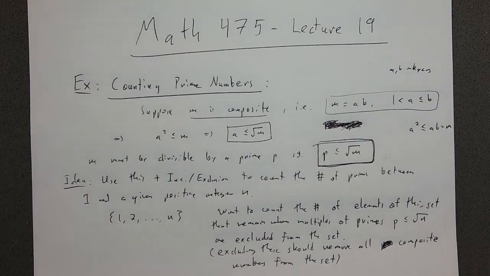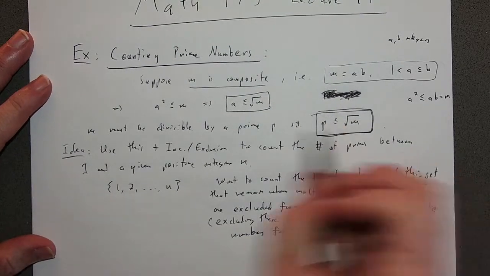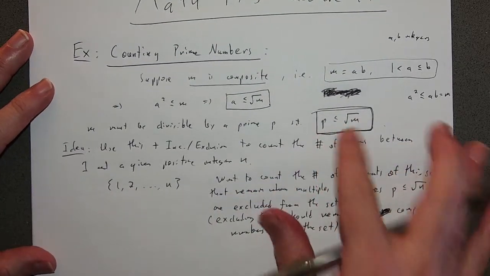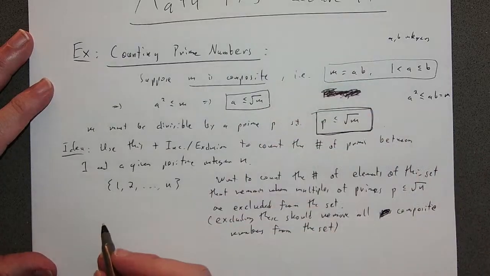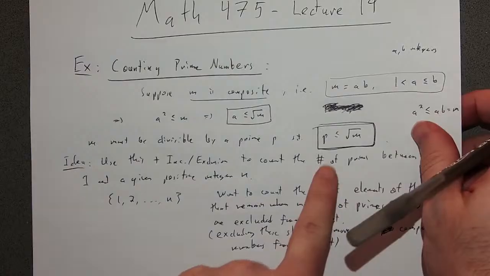So how does this improvement help us? Let's do this for, I'm going to choose, n equals 120.